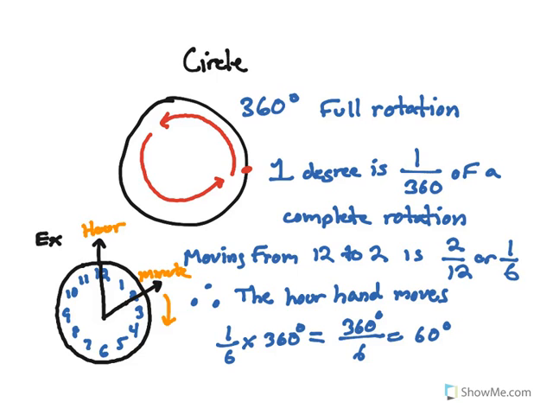So if you're starting at 12 and going to 2, that's 2 hours out of the 12 hours, which reduces to 1/6. Then you take 1/6 of the circle times 360 degrees, and you get 360 over 6, which divides equally into 60. So it traveled 60 degrees. 60 degrees would be right here.